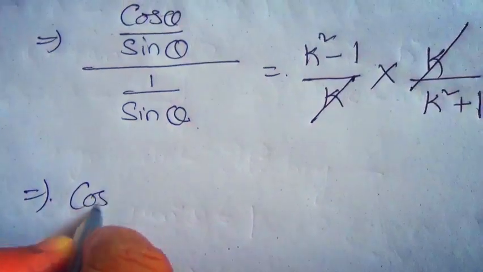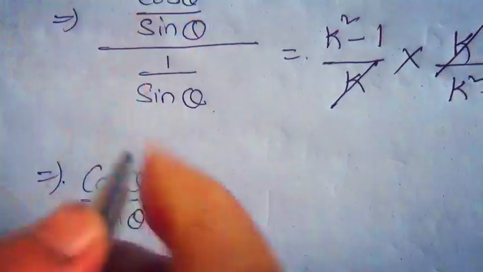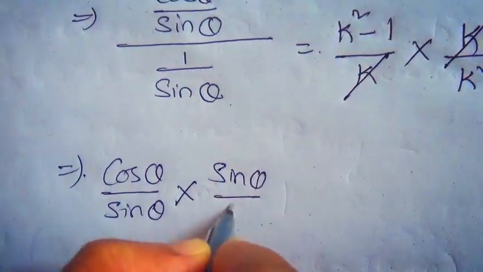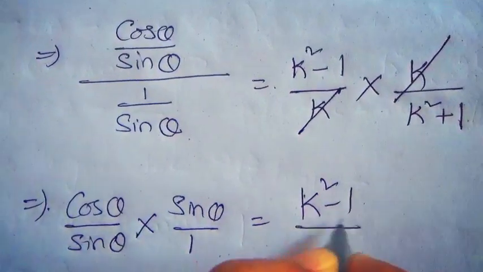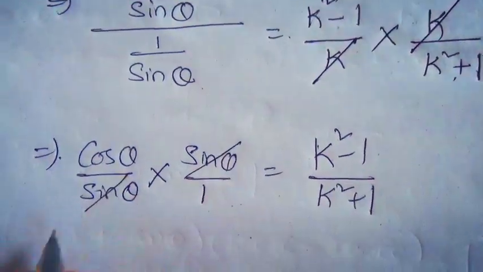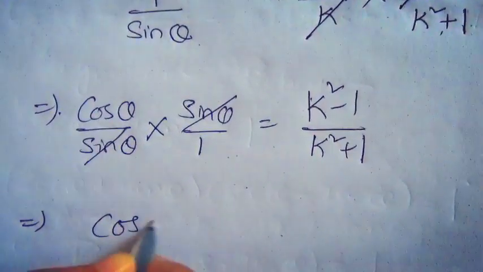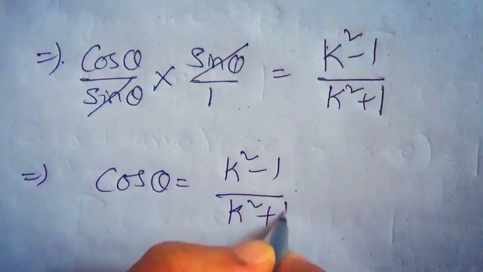That implies cos theta by sin theta into the reciprocal, sin theta by 1, is equal to k square minus 1 by k square plus 1. Sin cancelled, that implies cos theta is equal to k square minus 1 by k square plus 1.